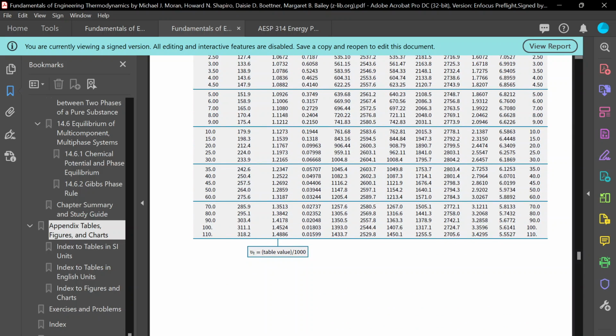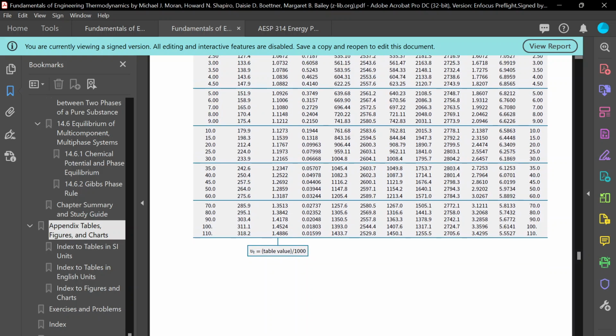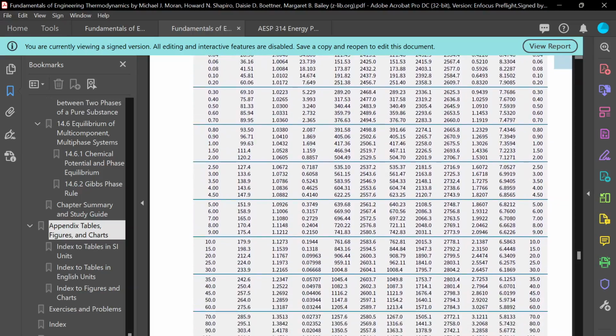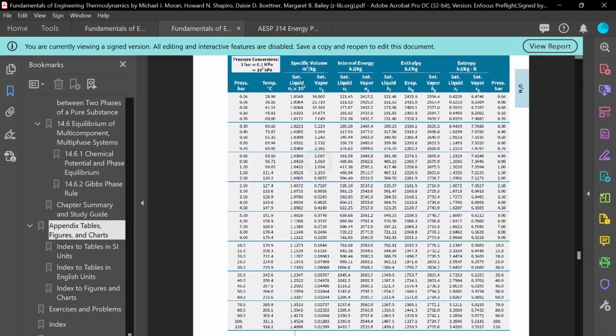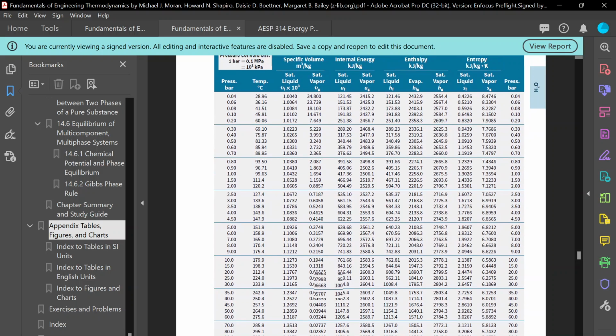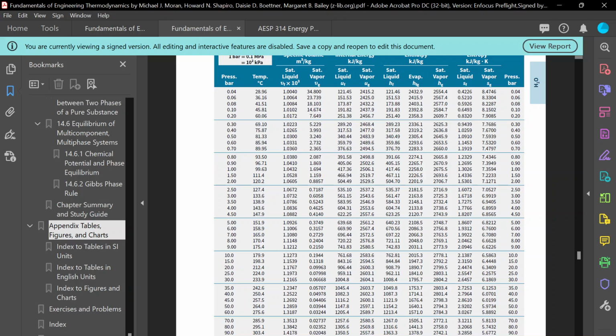So let's do the same table reading for the other part of it. It was 8 megapascals, which is going to be 80 bars, right? Very high pressure. It's going to be this line, right? Can you read the numbers?